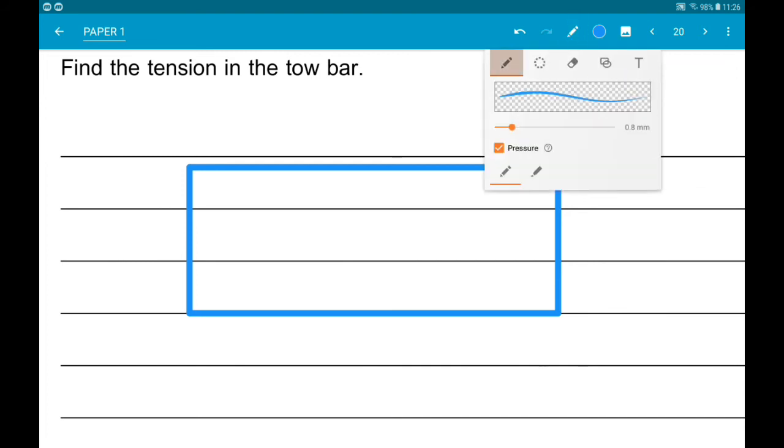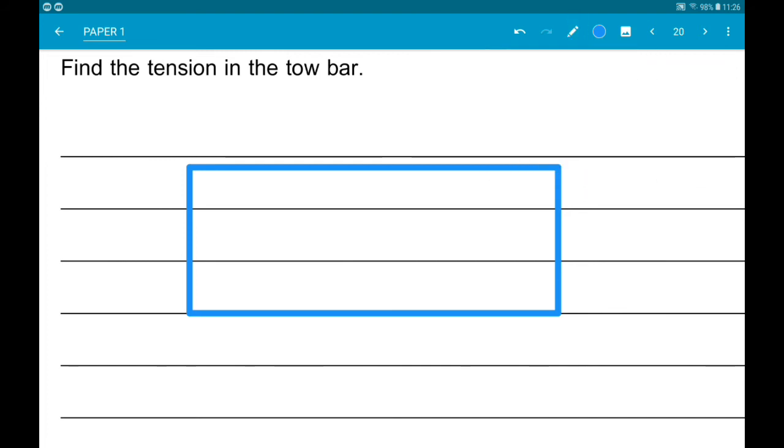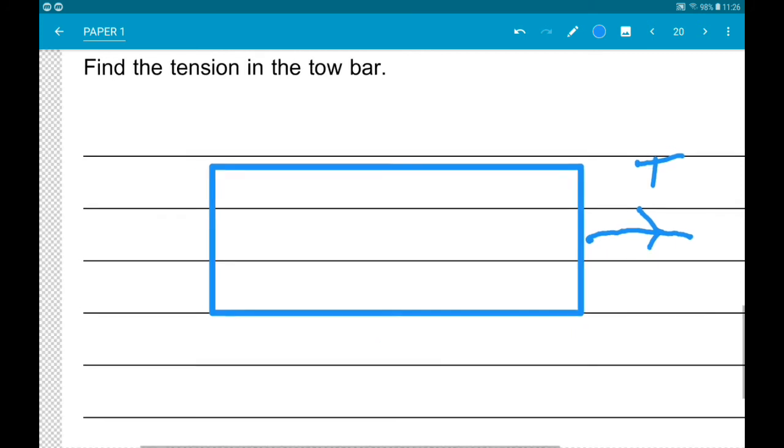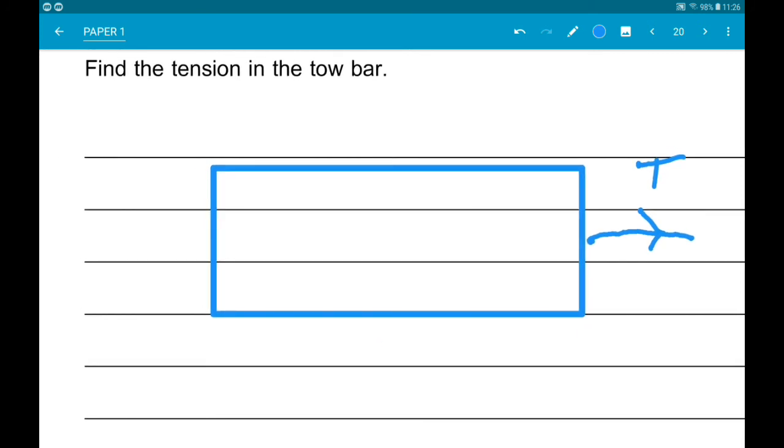Now, if we're moving off to the right, let's say we got the rod there connecting to the tractor. Now tension is pulling the trailer to the right. So tension is acting that way, and our resistant force is 600 newtons.